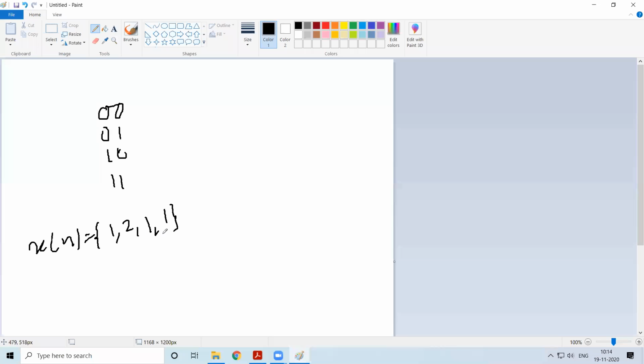Say I have 4 samples. This sample's index is 0, so in binary it will be 00. The index of this one is 1, in binary 01. Similarly, the index of this one is 2, which is 10, and the index of this one is 3, which is 11. These are the indexes related to x of n.